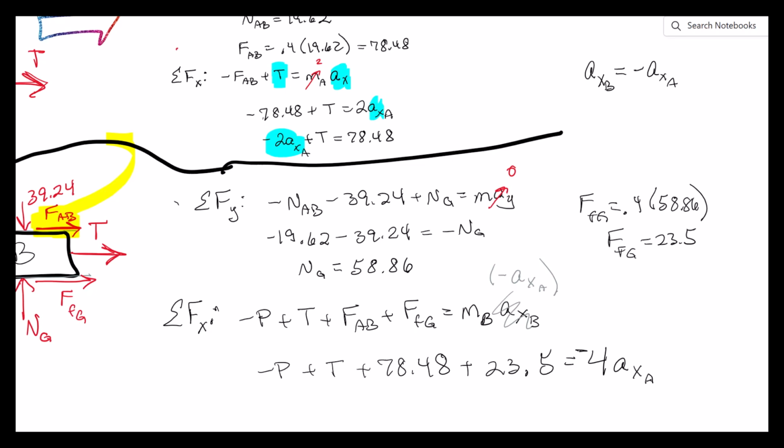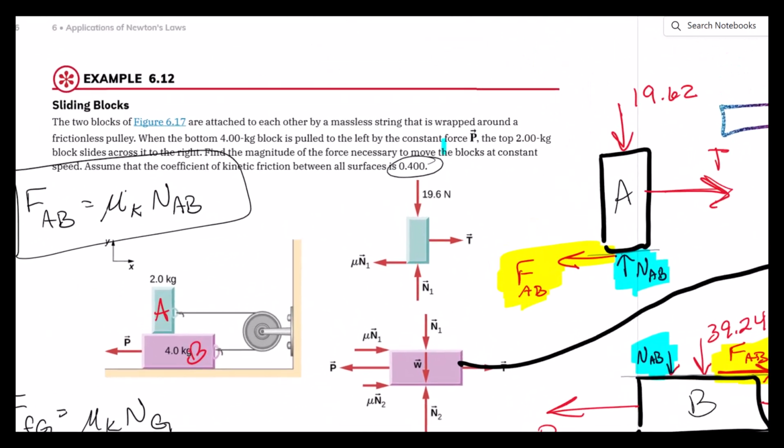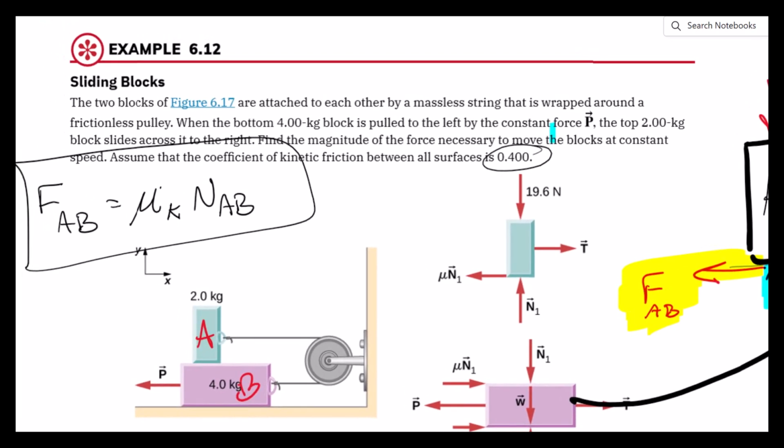Okay, so now I have 3 unknowns, which means I did something wrong, which means I need to go read the problem again, right? Because I have T, a sub x, and P. When all else fails, read the problem. Two sliding blocks are attached by a massless spring wrapped around a frictionless pulley. When the bottom is pulled to the left by a constant force, the top slides to the right.